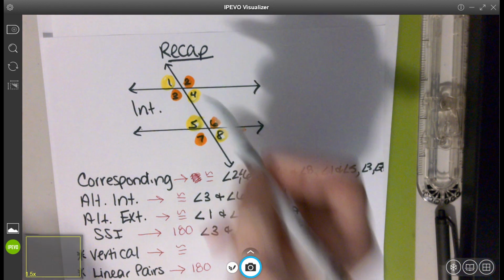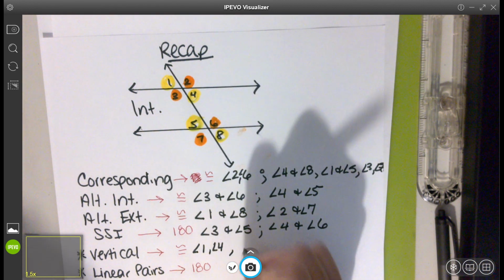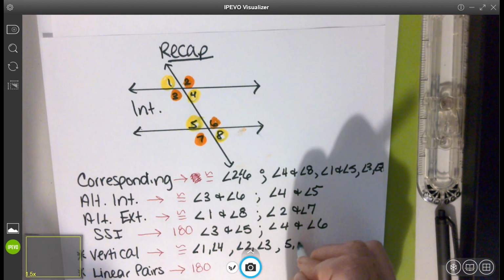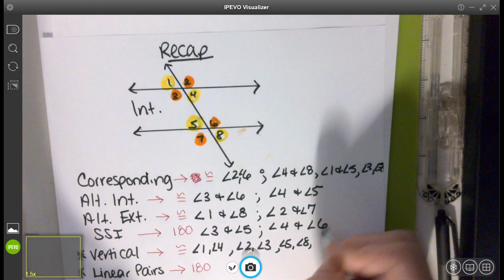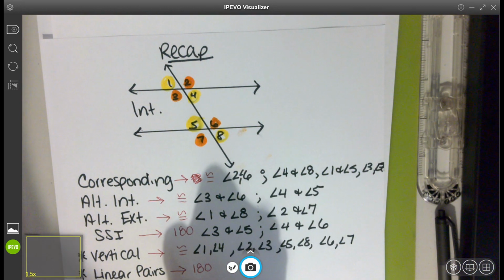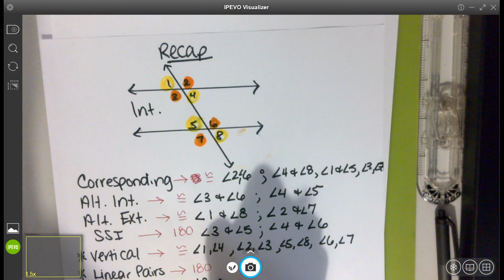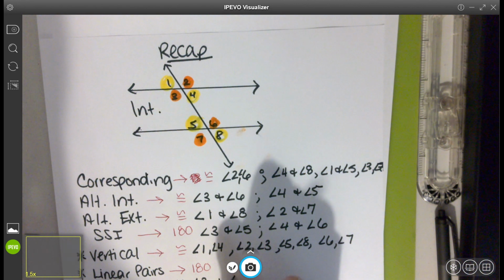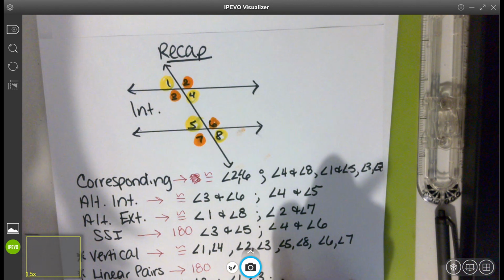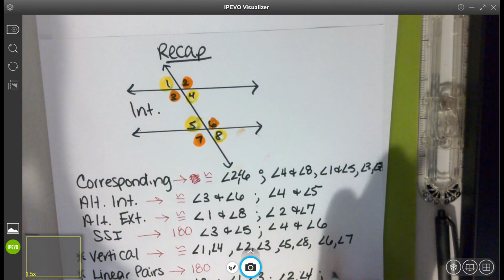Vertical, we have a couple vertical, remember directly across. So we have 1 and 4, 2 and 3, 5 and 8, and 6 and 7. Linear pair, there's a lot for linear pair: 1 and 2, 1 and 3, 2 and 4, 3 and 4.